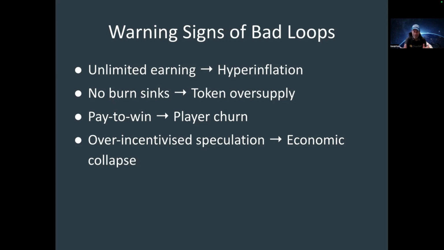So hyperinflation in our game. If a token in your game does not have a cap, and it's very likely that the game you're making might not have a cap because you can't take into consideration that you might have millions of players or 1,000 players or no players, right? No burn sinks, so token oversupply.